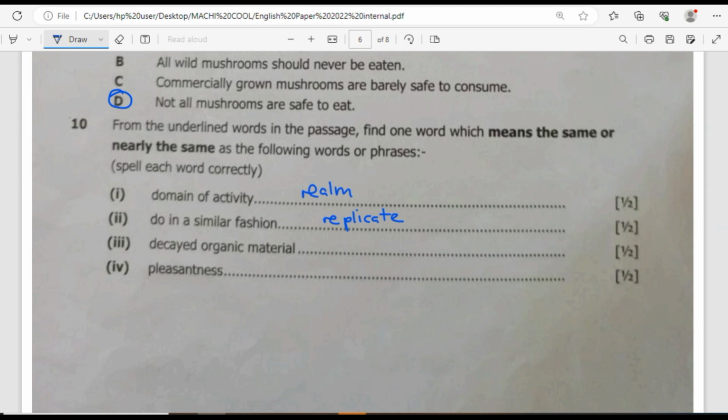Decayed organic material is compost. And then we have pleasantness. Pleasantness is palatability.